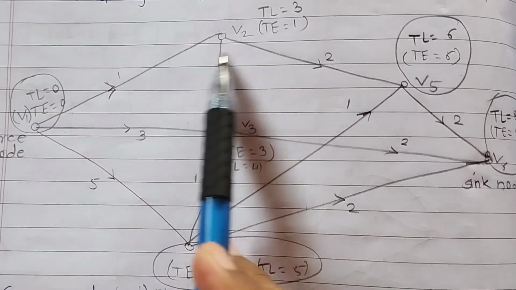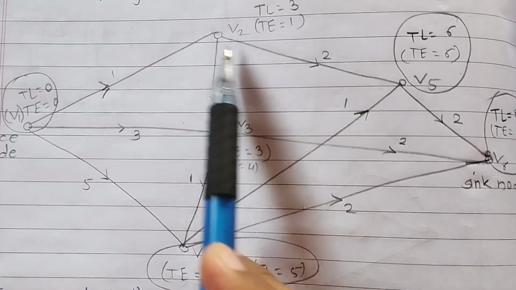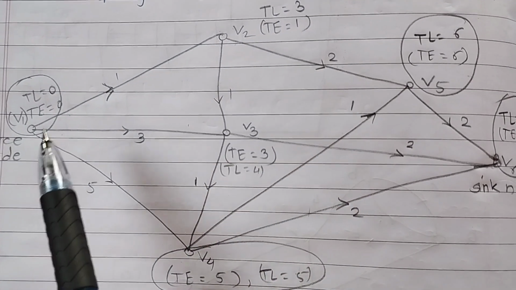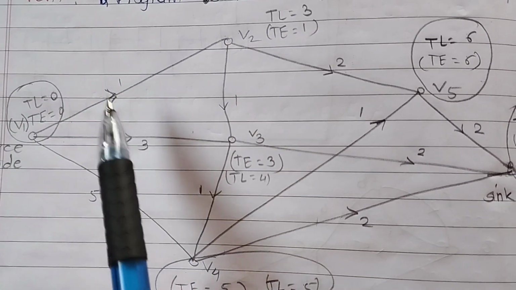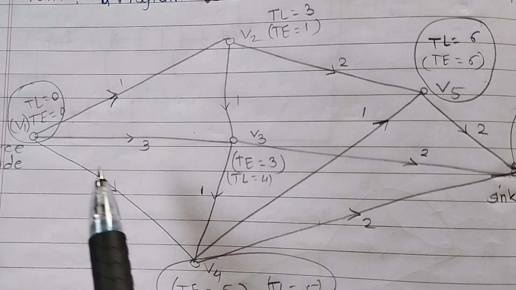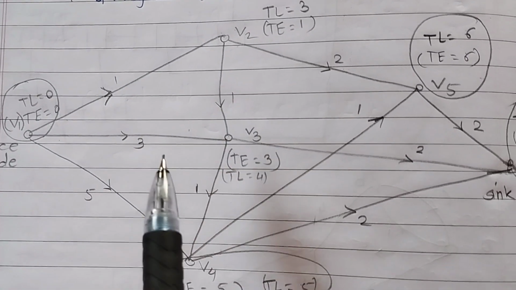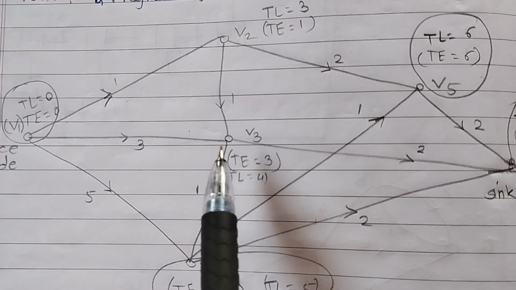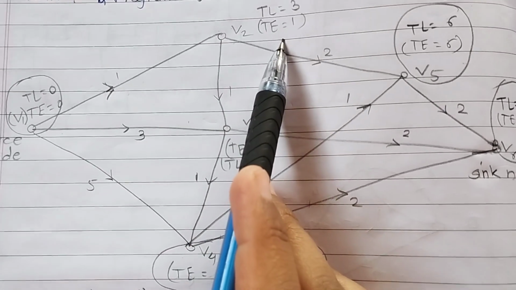First we find the TE of V2. We go from V1 to V2, and the weight value is 1. Is there any other way to reach V2? No other path is seen in this figure. So TE of V2 is 1.